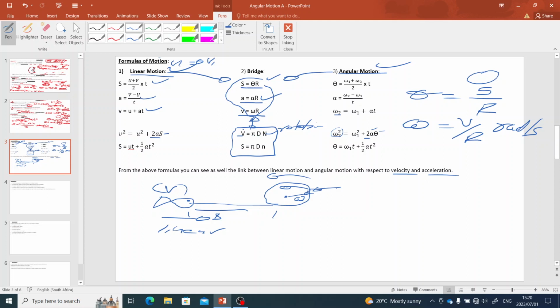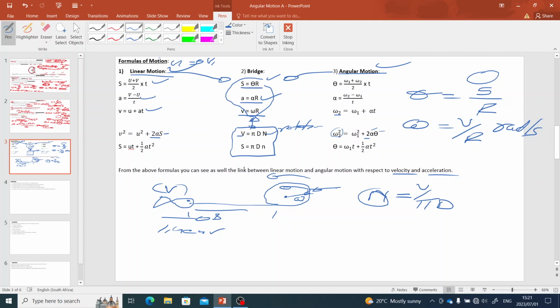Or if you are given the linear velocity and they want you to calculate the rotational frequency, then you can use that formula. It will be N for rotational frequency equals V over pi multiplied by D, then you get the rotational frequency.